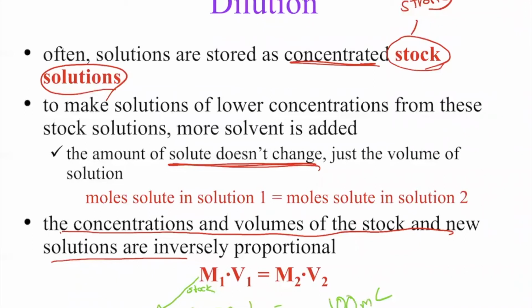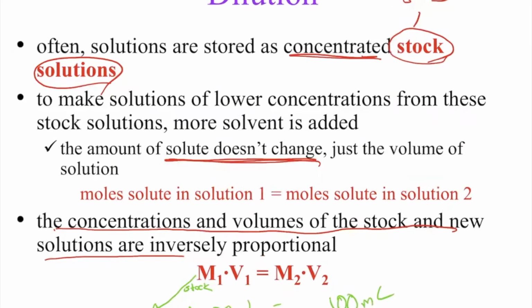So notice that it's inversely proportional. As the original goes down, the volume of the new one goes up. Same thing with the molarity. Because now you have more water, it's probably gonna go down to 5 M. So inversely proportional, that's what that means.